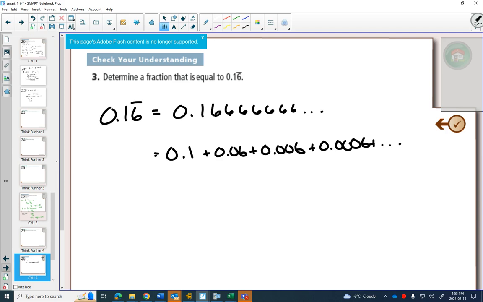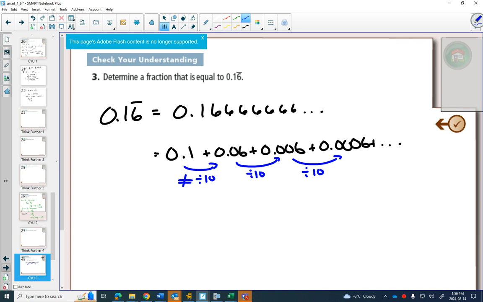And it doesn't quite form a geometric sequence. Because if I go to my calculator and check, from here to here I divide by 10, from here to here I divide by 10, but from here to here I don't divide by 10. So it's only geometric for a part of it.